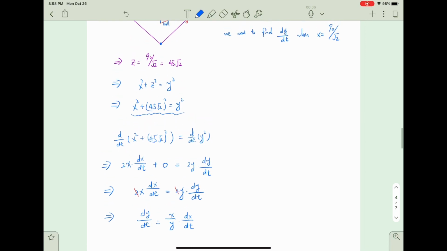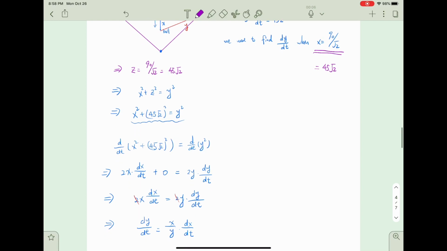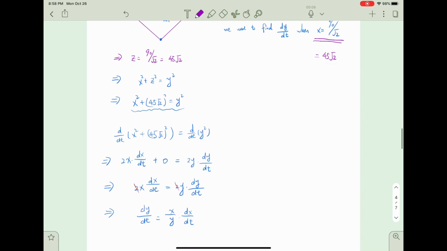We have known that x is equal to 90 over square root of 2, which is 45 square root of 2, by the assumption. At that time, we can find y by this relation here.